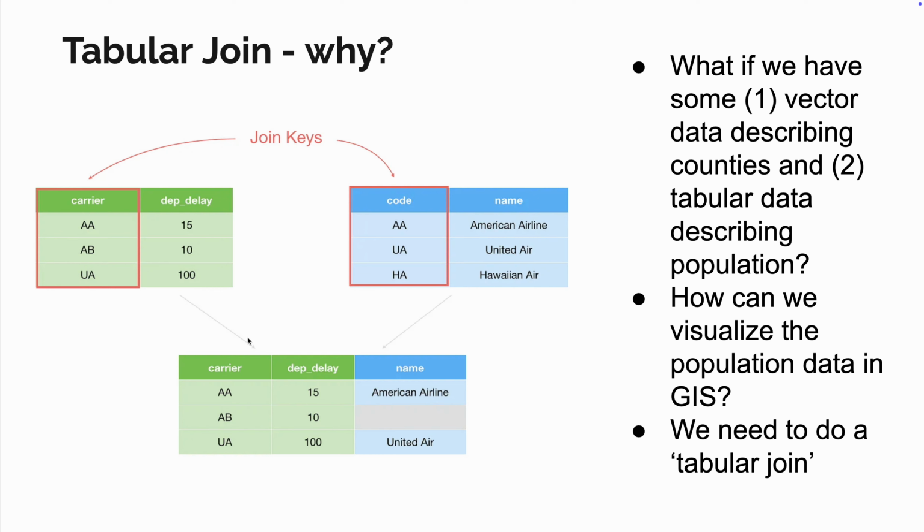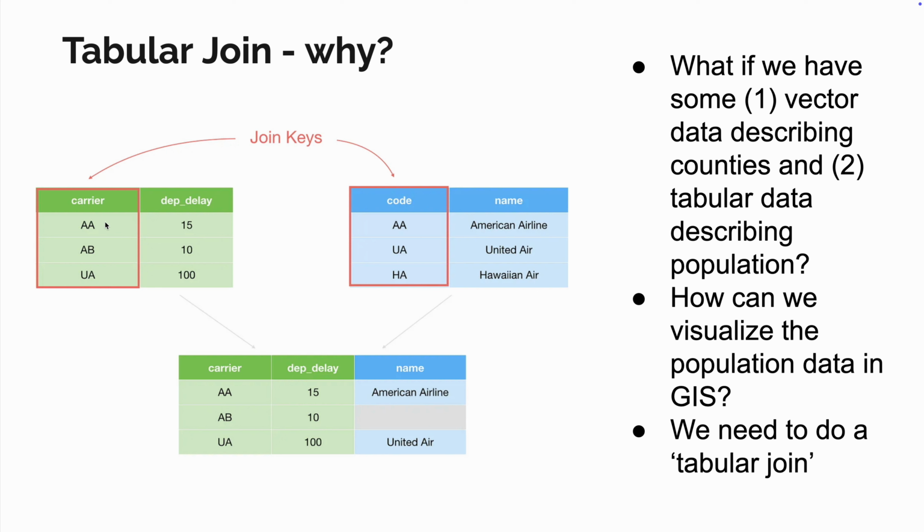And look at this little example that I'm showing on the left-hand side. It shows a type of tabular join where you notice some matching values in this code column of the right-hand table and the carrier column of the left-hand table. And what a tabular join does is it creates a new table where values in one column match values in another column, and there's a few different types of ways to do that.